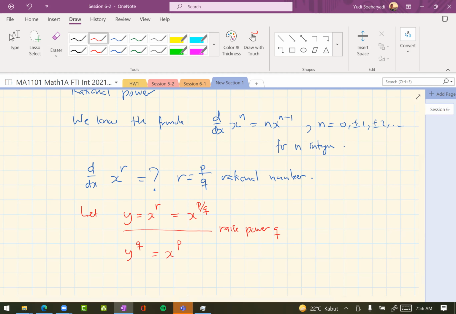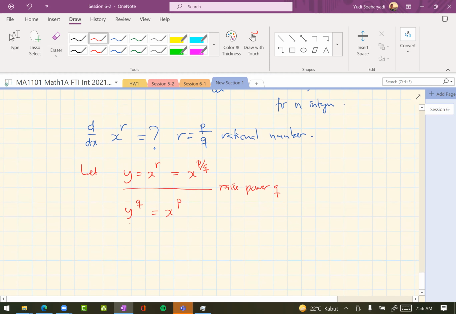Then you take implicit differentiation, because now both have an integer power. So assume y is a function of x. You get this one here. So q y to the q minus 1, and here you have p x to the p minus 1. Oh, sorry. You have to use the chain rule here, so there must be some y prime.